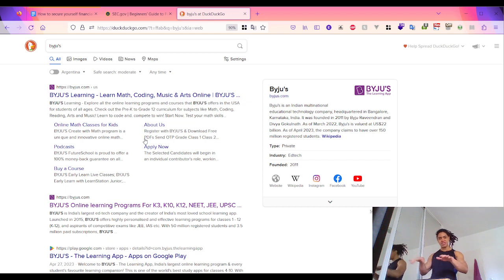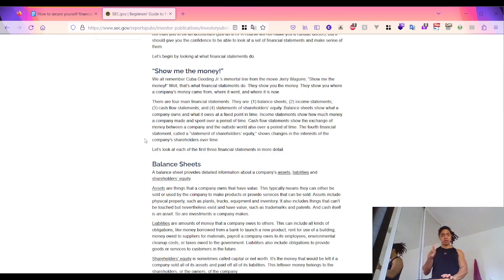So they are in the educational online platform industry. BYJU'S is headquartered in Bangalore. Okay.